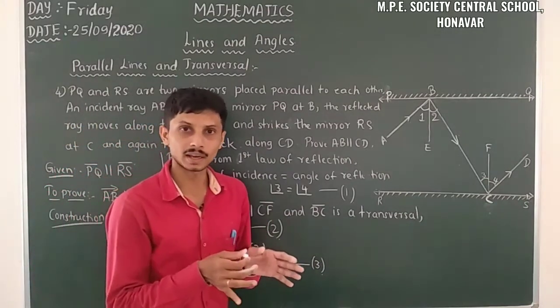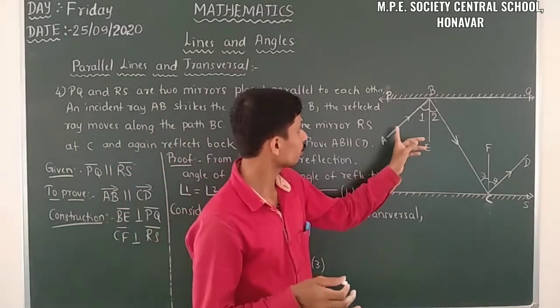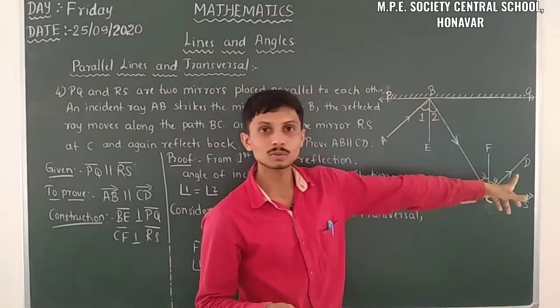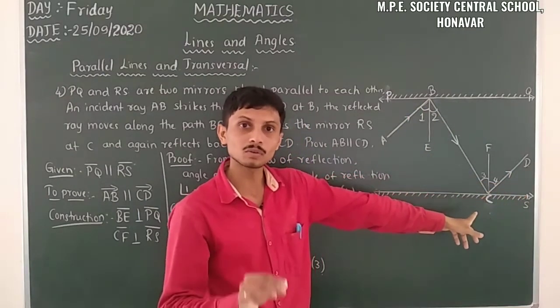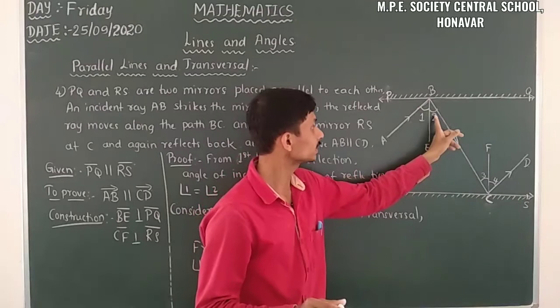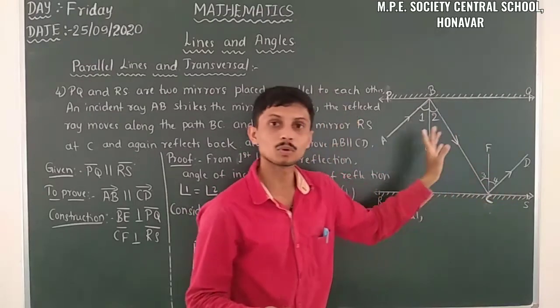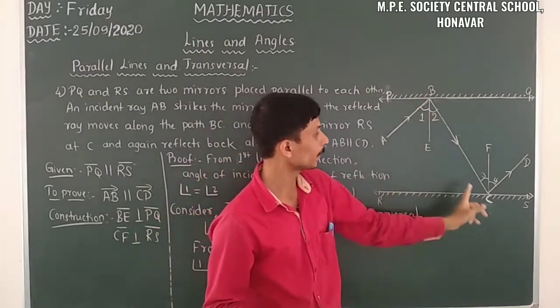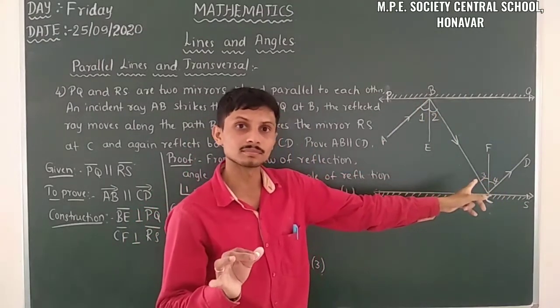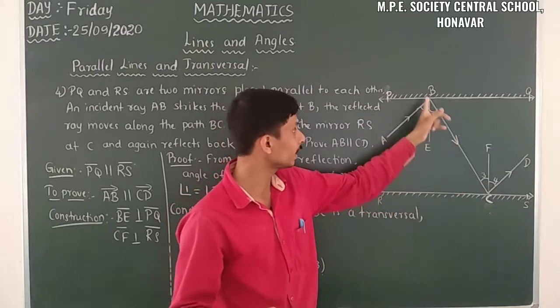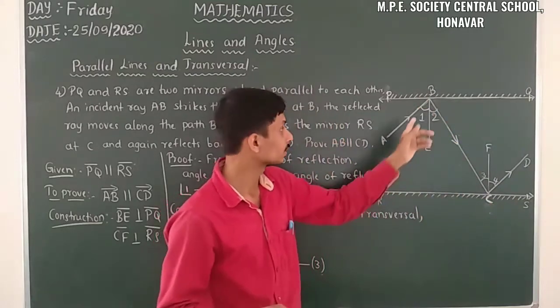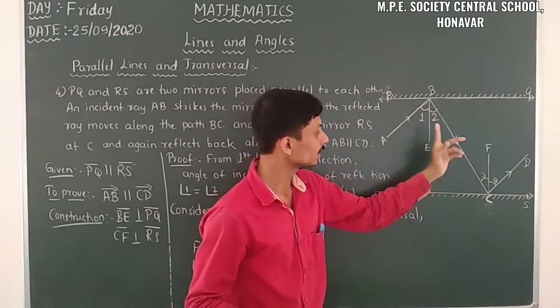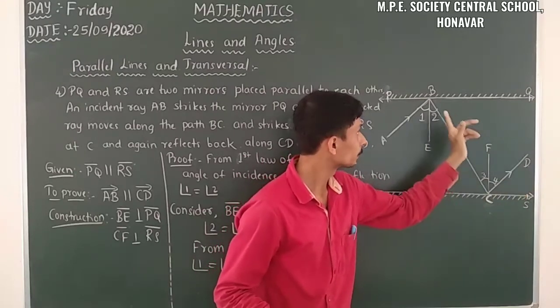Initially we have to prove AB is parallel to CD, and then we have to find out this angle and this angle. Both are alternate interior angles when we consider AB parallel to CD and BC as a transversal, then angle ABC is equal to angle BCD.